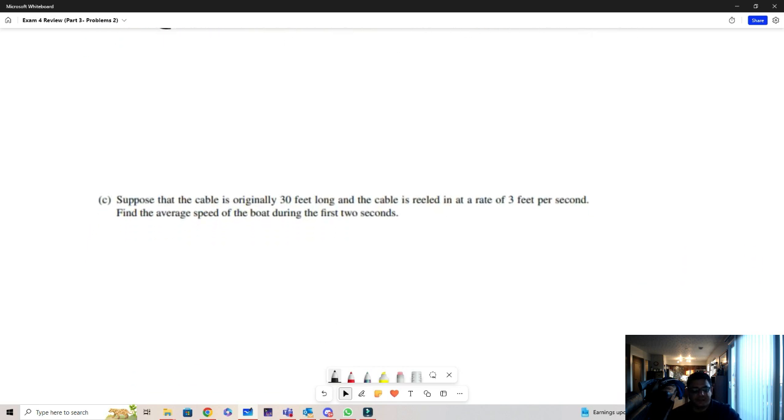Now part C says, suppose that the cable is originally 30 feet long and the cable reels in at 3 feet per second. We want to find the average speed of the boat during the first 2 seconds. So we want t1 equals 0, and we want to check with t2 equals 2. D1 is going to be the original, which is 30 feet.